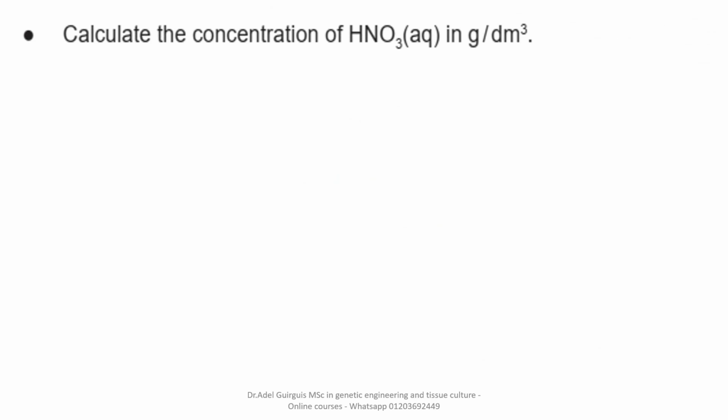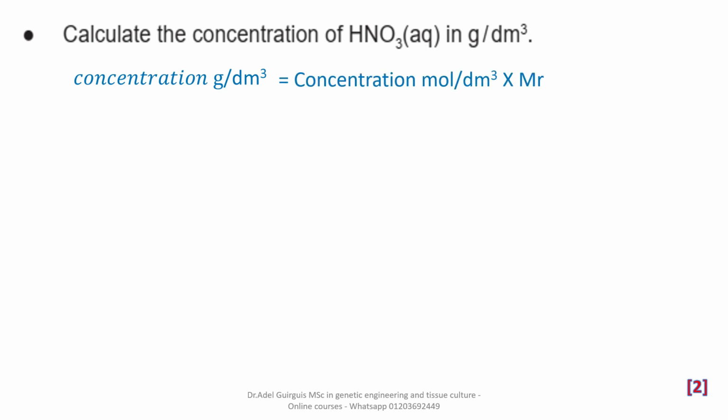Calculate the concentration of nitric acid again, but in gram per cubic decimeter. We obtained in the last step the concentration of nitric acid in mole per liter. Now we need to convert this mole per liter into gram per liter. How? Firstly, concentration in gram per cubic decimeter equals concentration in mole per liter times MR. What is meant by MR?